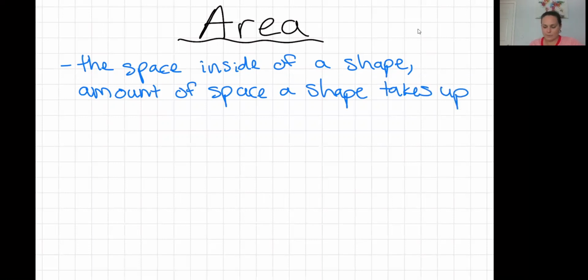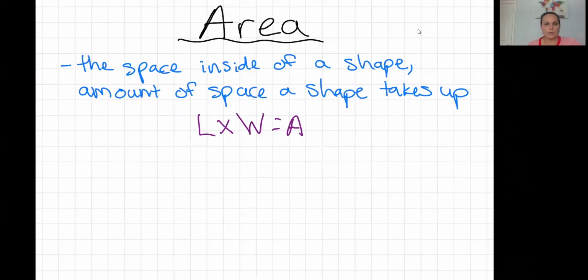Okay, and we calculate this by using a formula that is length times width equals our area. And we'll look more at this in just a second. Length times width equals area.